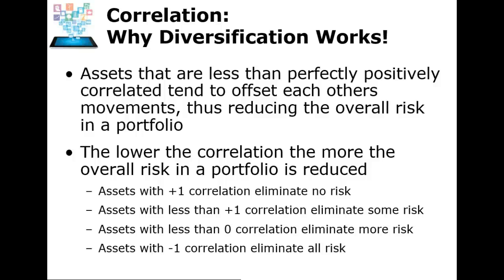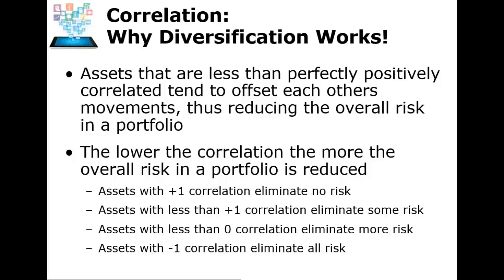So if your assets have a +1 correlation, you're not eliminating any risk. If your assets are less than 0, you're eliminating more risk. But if your assets are -1, you've eliminated all risk. But you know what happens when you eliminate all risk? You eliminate all return.